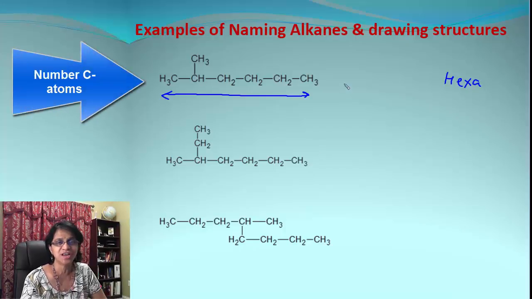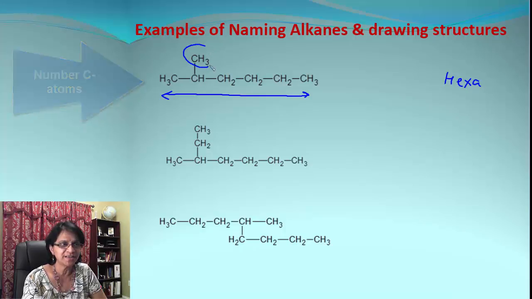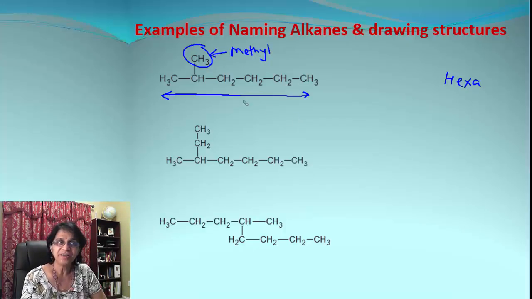The next step is to number the carbon atoms. But before that, look at this. We have a substituent which is CH3, or we call that a methyl group. Now methyl is attached to this carbon atom and our job is to get the smallest number for this carbon atom.